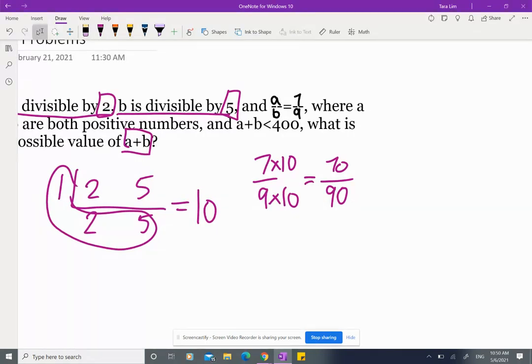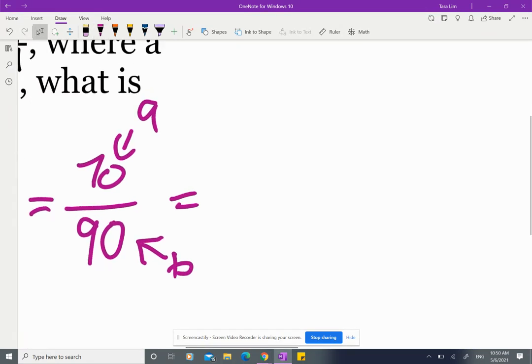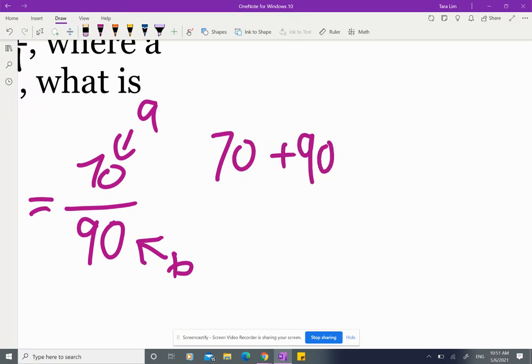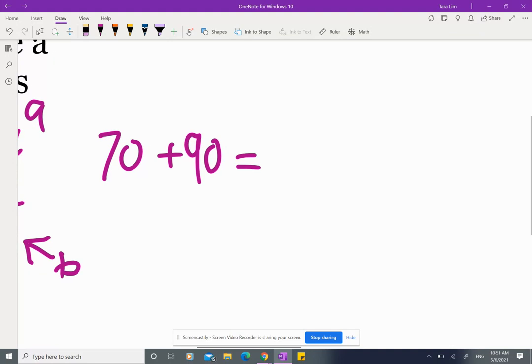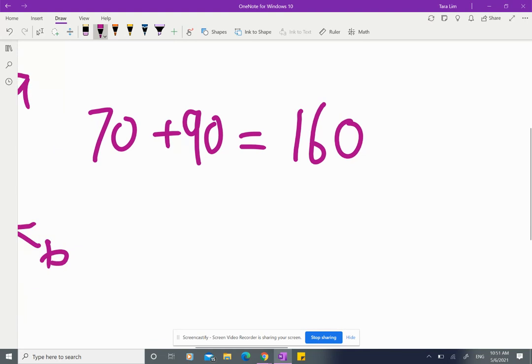Now it says a plus b, so we know that this is a, and this is b. So if we add them together, 70 plus 90 will give us 160.